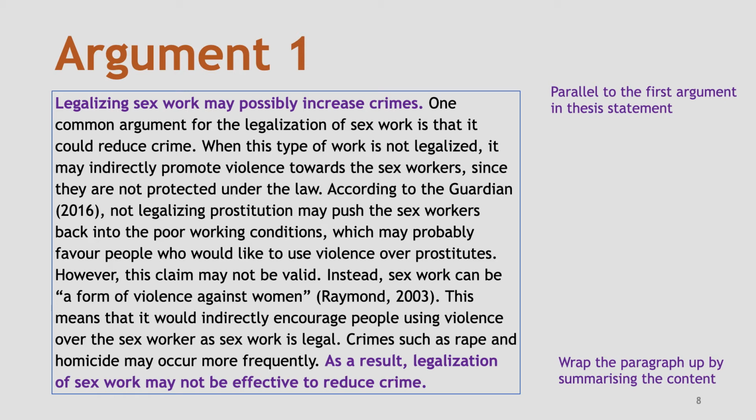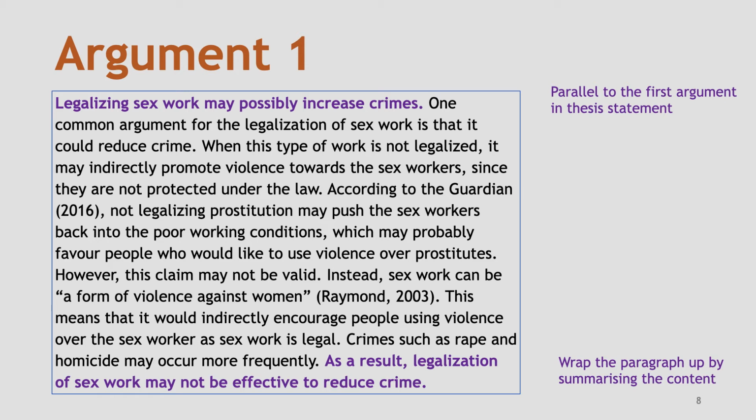So you have this sentence or this statement including an opinion: it may indirectly promote violence towards the sex workers, a condition when this type of work is not legalized. And then you have a reason, which is a fact: they are not protected under the law.